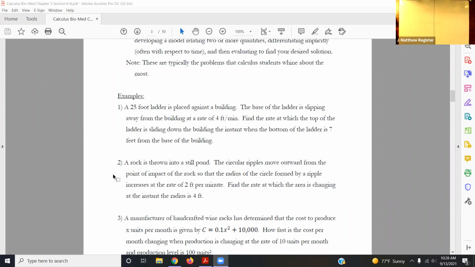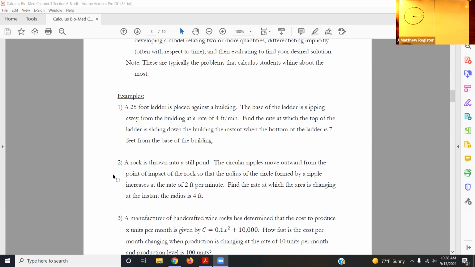So we need to create a model for this. And in this case, the shape we're talking about is a circle. And we'll pretend that's a circle. I'll make it bigger. There we go. It says the circular ripples move outward from the point of impact so that the radius is increasing at a rate of 2 feet per minute.